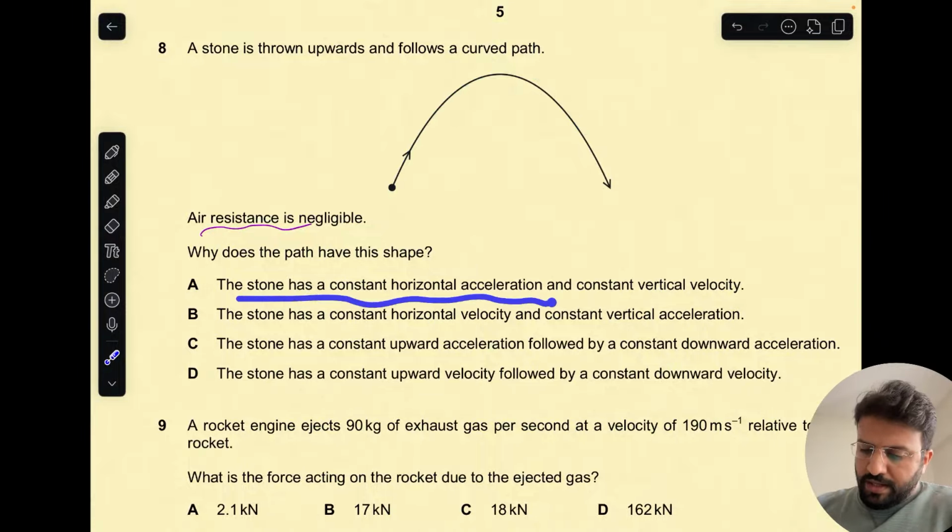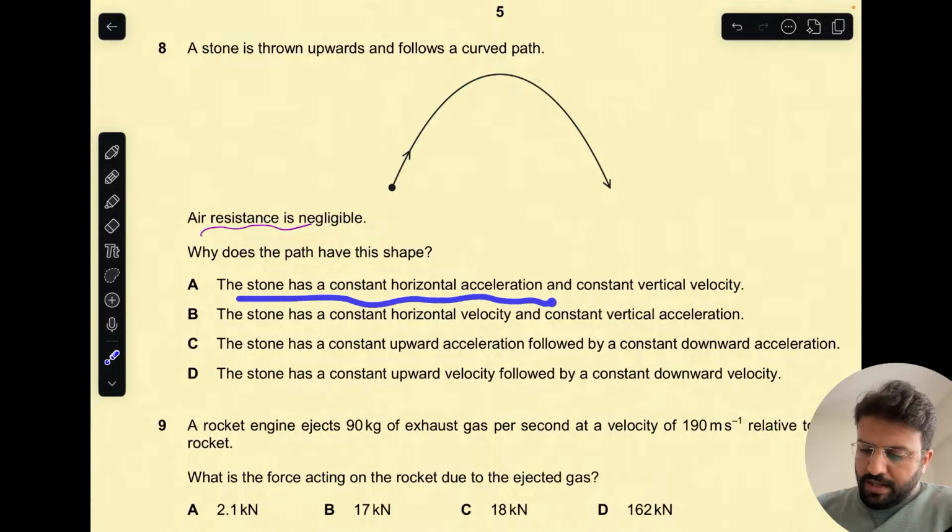If you look at this object, they are telling us air resistance is negligible. It means there is only one force acting on the object, that is the force of gravity. Gravity causes acceleration, vertically, since gravity always acts vertically. So if there is a vertical acceleration, the vertical component of velocity will not be constant.